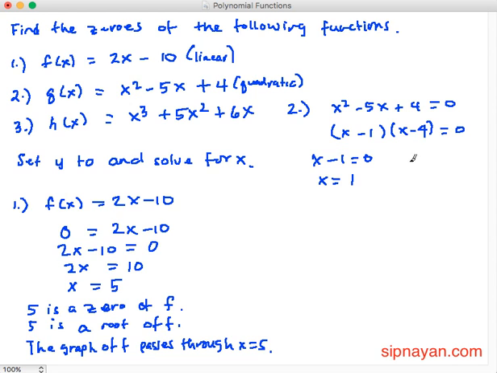Or x minus 4 is 0, so we have x equals 4. 4 minus 4 is 0 times whatever number, equal to 0. So, if we repeat these statements, 1 and 4 are zeros of, what is the name of our function here?